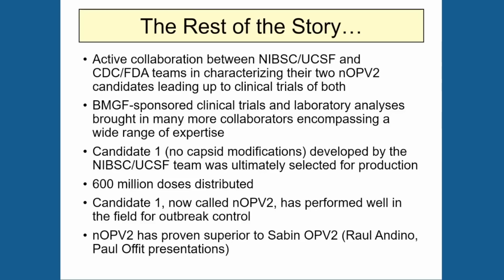Candidate 1 is now called novel OPV2 and has performed well in the field for outbreak control. And unfortunately for Albert Sabin, it has proven far superior to Sabin OPV2 in the field. And that's both from what Raul's told you and from what Paul had told you earlier.